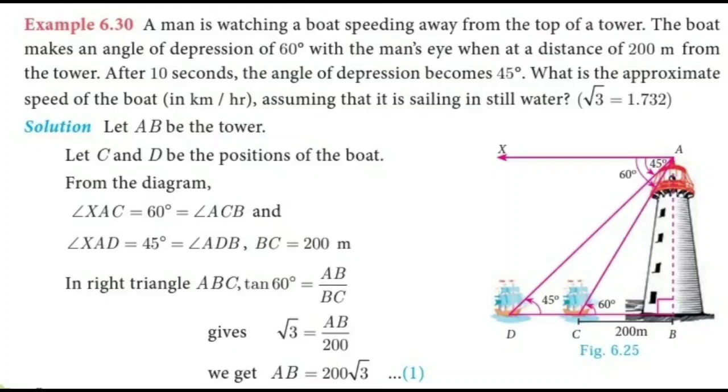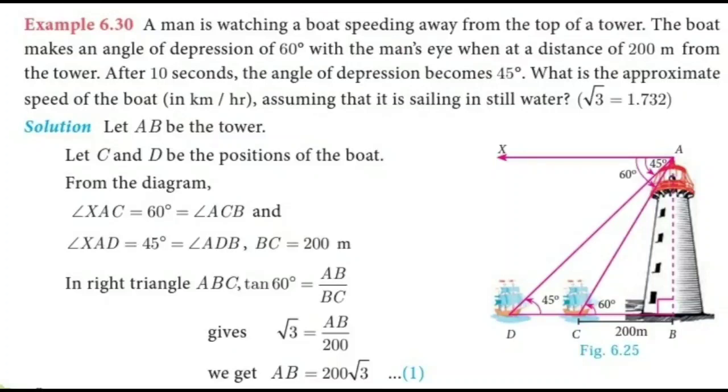Here angle XAC is equal to angle ACB is equal to 60 degree, because alternate interior angles are equal. And also angle XAD is equal to 45 degree. Here angle XAD is equal to angle ADB is equal to 45 degree.